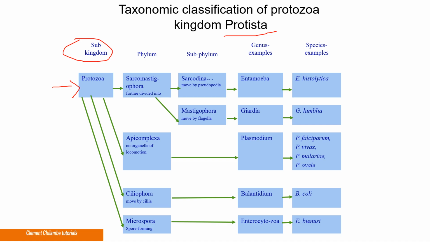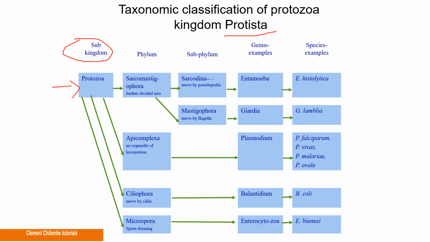Then we have the Apicomplexa, which has no organelle of locomotion. Then the Ciliophora, where cilio means they move by cilia. And then we have Microspora; by the name itself, we know that they are spore forming.